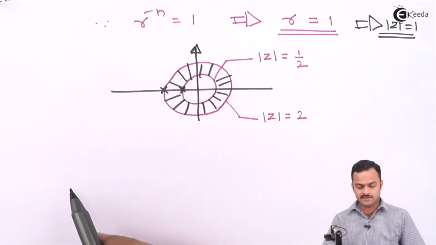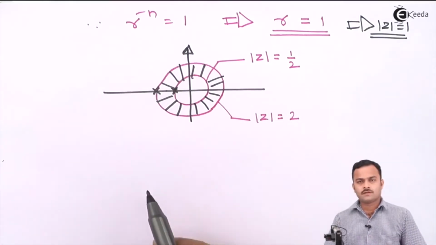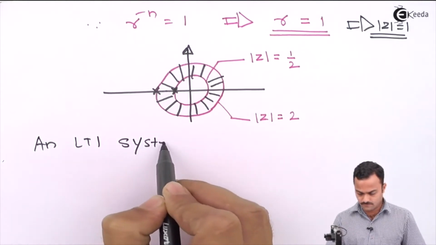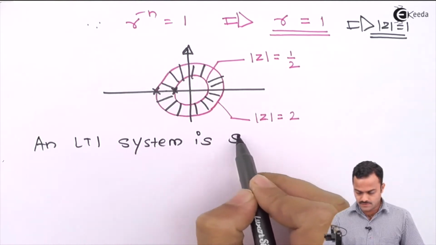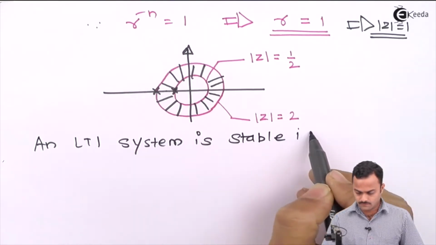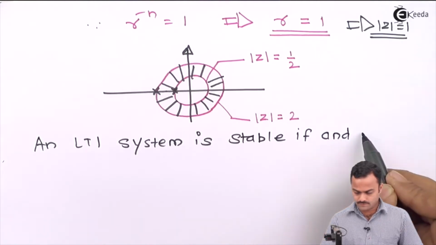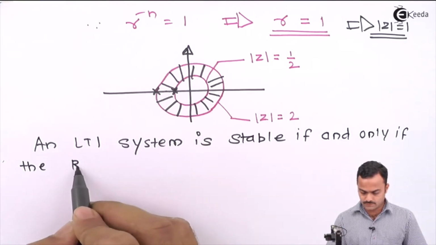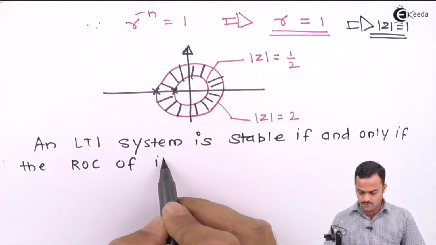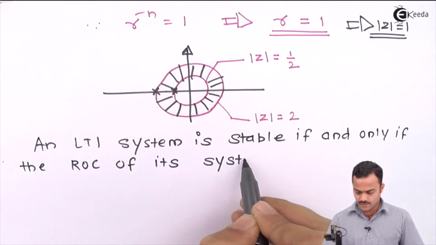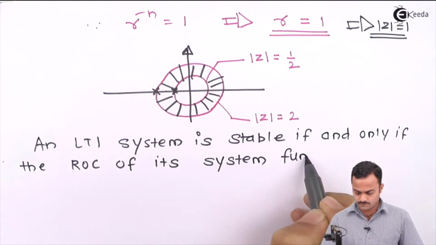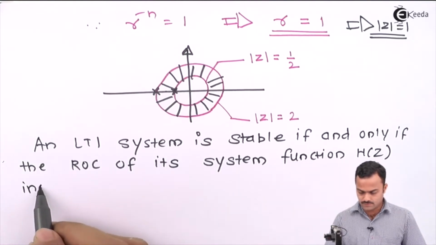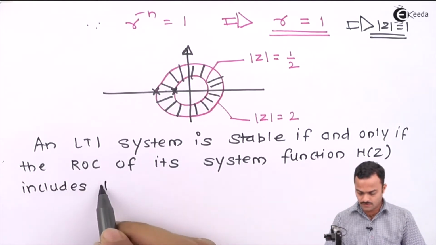So let's write this as a statement, and the statement says: an LTI system is stable if and only if the ROC of its system function h of z includes the unit circle.